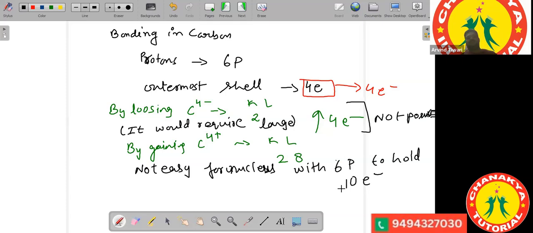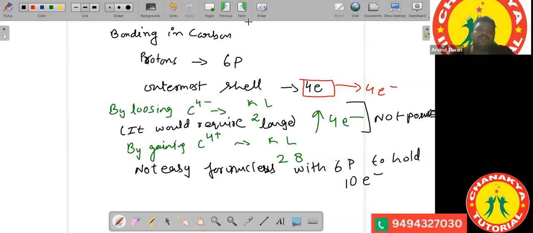This is how carbon works. So how will it form bonds? It cannot lose 4 electrons, and it cannot gain 4 electrons.